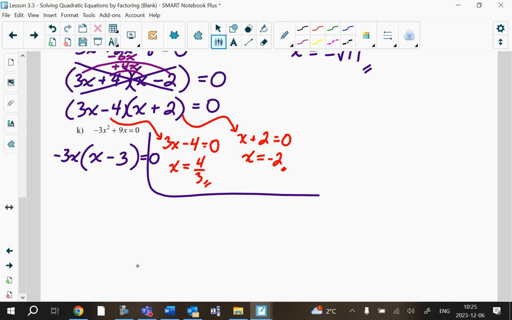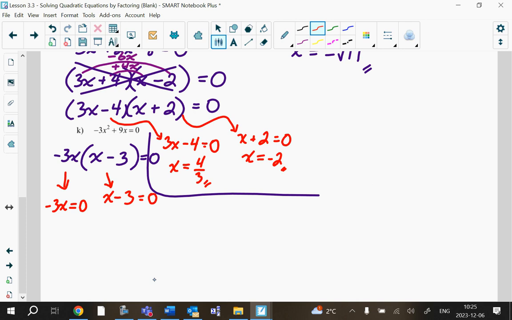And so the last step here is just make each one equal to 0 and solve. So if negative 3x is equal to 0, what's x? How do I get x by itself? Come on, you guys, this is a simple equation.